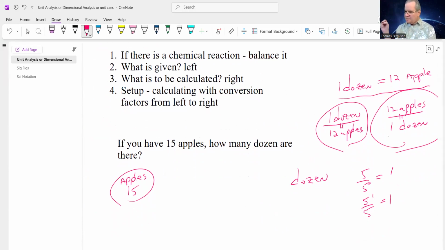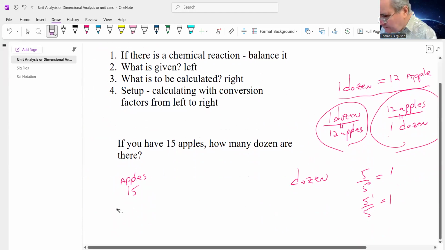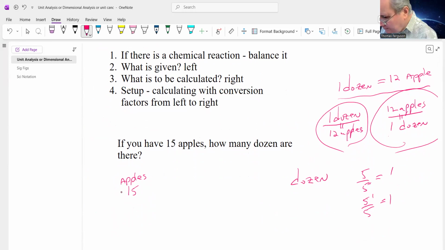Now you don't have to guess which one to use, because we're going to apply the unit cancellation here. So we have 15, think of it as 15 on top of the fraction bar. Now remember, this is the given. So how can we cancel the 15?